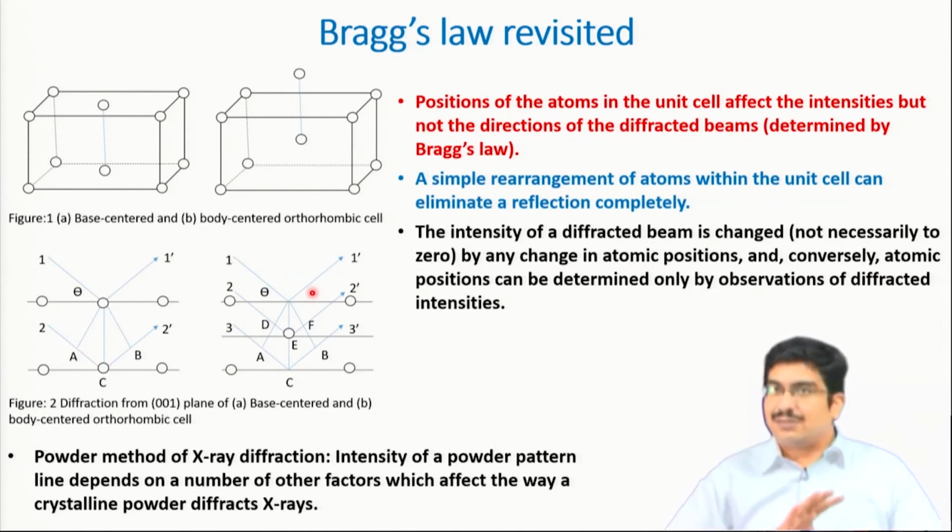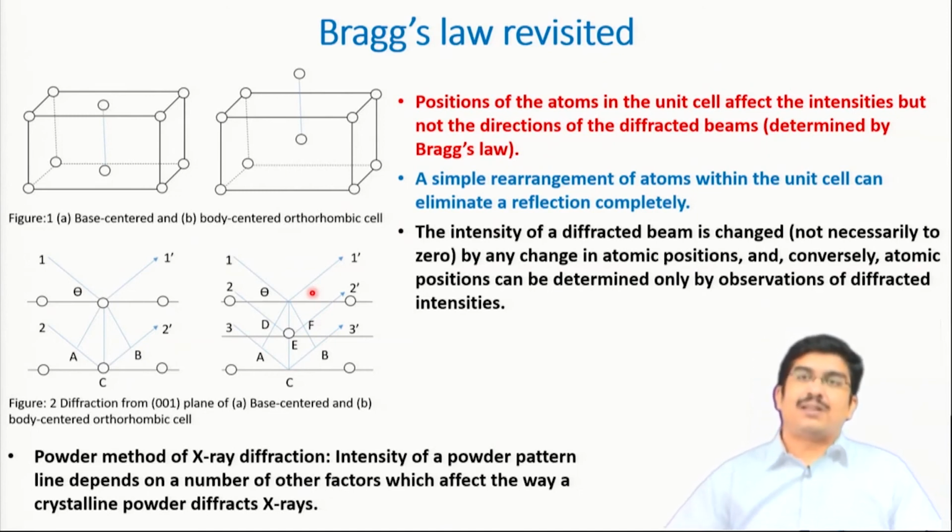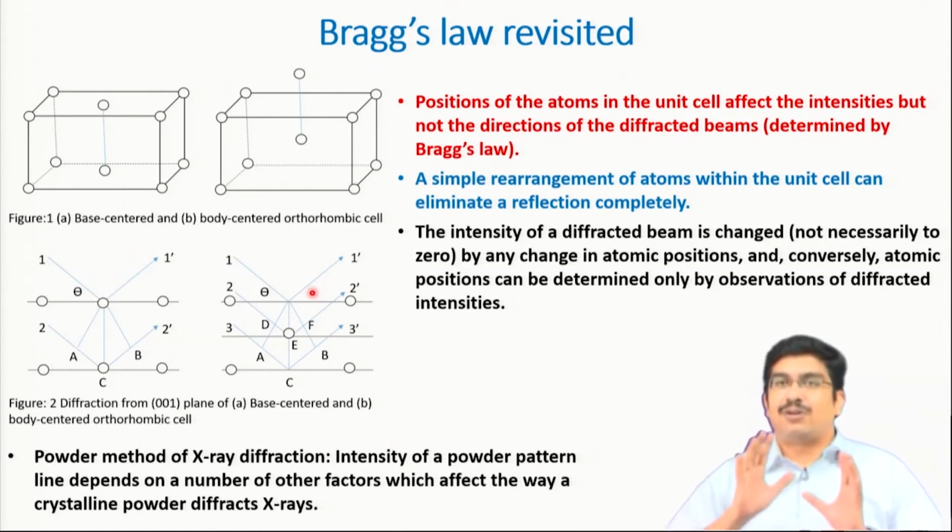That means determining the crystal structure of a material is not sufficient if we just go by Bragg's law, which tells us exactly at which theta value, in which direction, the diffraction condition is satisfied. We also need to measure the intensity of those beams at those 2 theta values. That will again tell you about the atomic arrangement of the material.